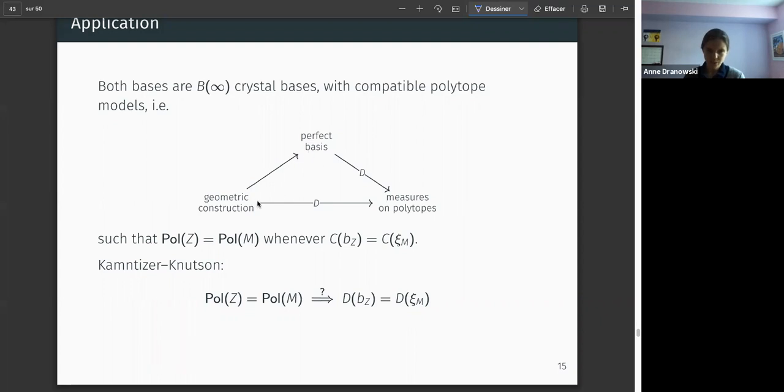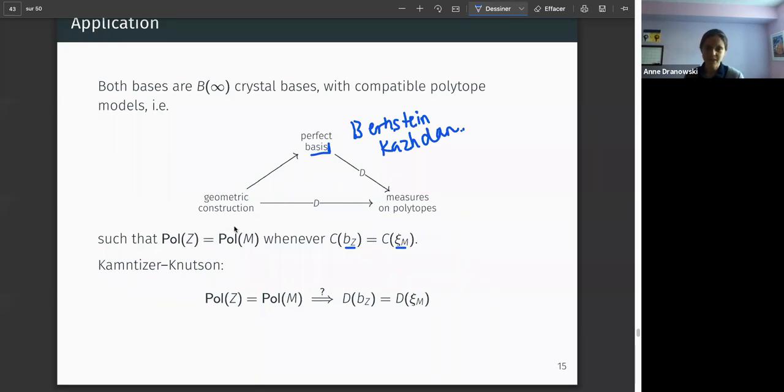Well, we have another triangle, where we replace the crystal structure by a perfect basis structure. This is a definition due to Berenstein and Kazhdan, and shown by Baumann, Kamnitzer, and Knutson to be enjoyed by both of these bases. But again, it's a similar triangle, sort of upgrading all of the structures.